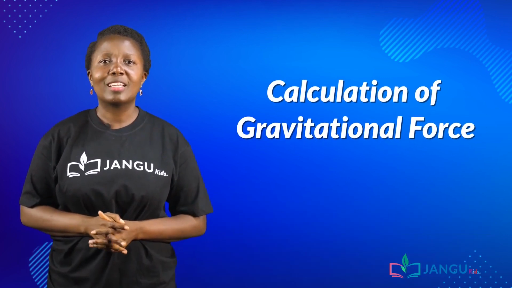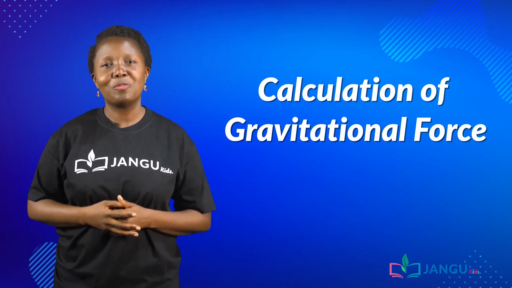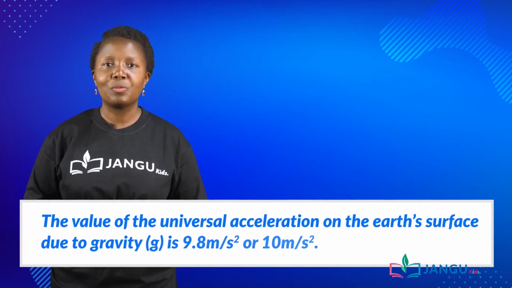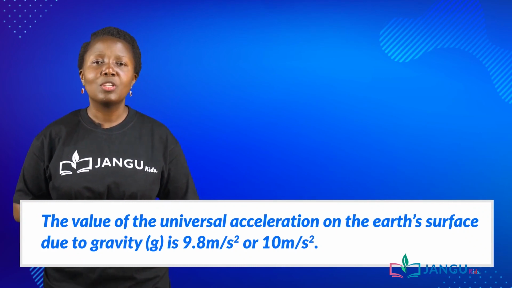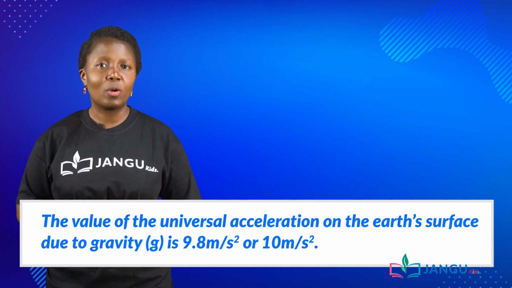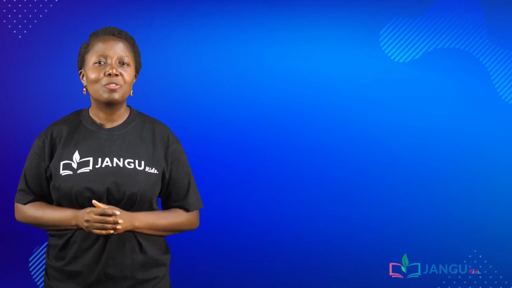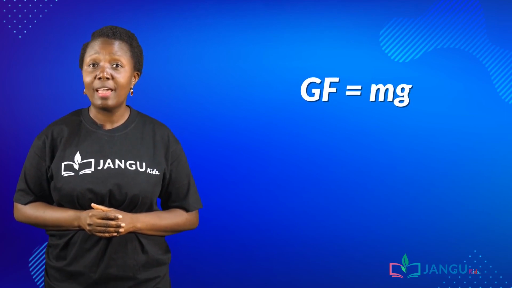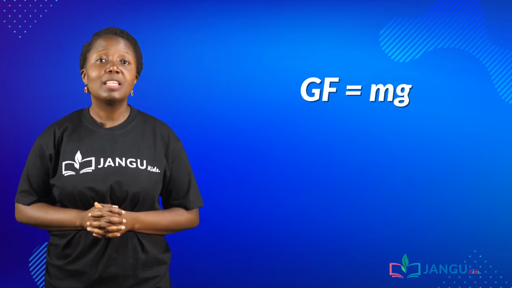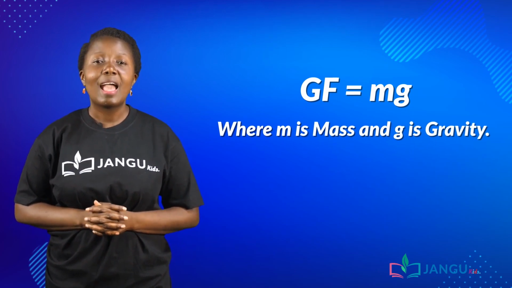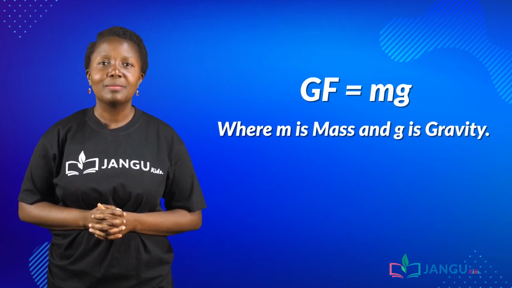Let us now look at the calculation of gravitational forces. The value of the universal acceleration on the Earth's surface due to gravity, g, is 9.8 meters per second squared, or approximately 10 meters per second squared. To calculate gravitational force, GF is equal to mg, where m is mass and g is gravity.